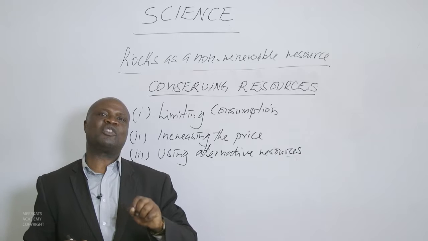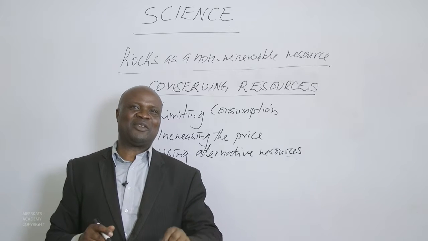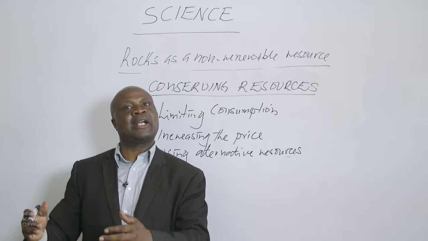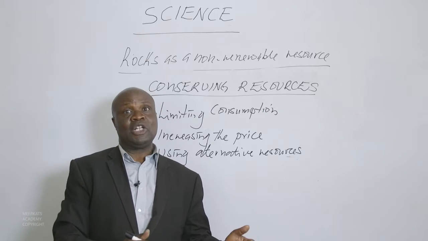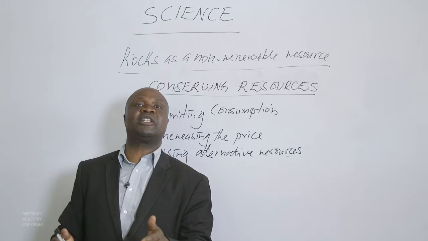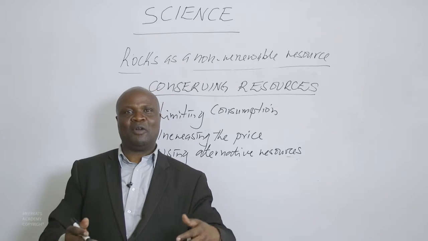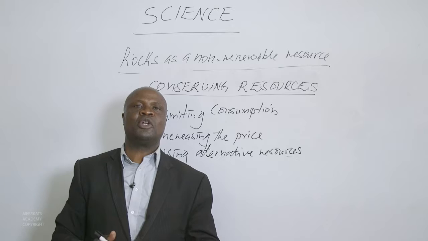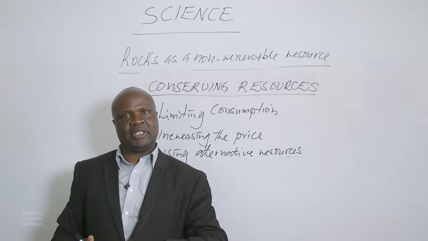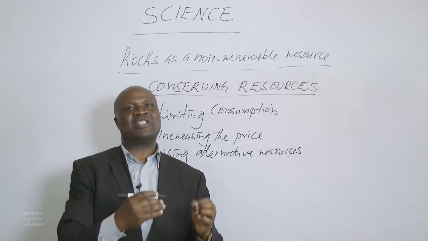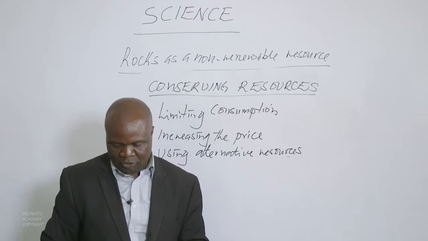So we can have an alternative for cars. Instead of using petrol, they can make electric cars. So electric cars become an alternative to a petrol car. Instead of using petrol for moving and driving around, you can use the alternative, which is electricity. Then you find that you are now conserving the scarce resource, which was petrol fuel.